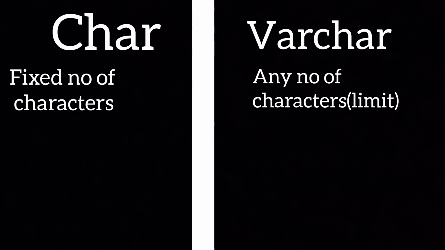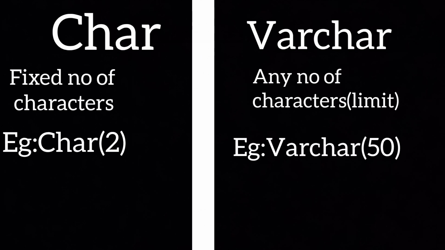For example, if you mention 2 in char, you're allowed to enter only 2. In varchar, if you mention varchar 50, you are allowed to enter up to 50. If you enter 30 it will accept, and if you enter 50 it will accept, but more than 50 it will not accept.